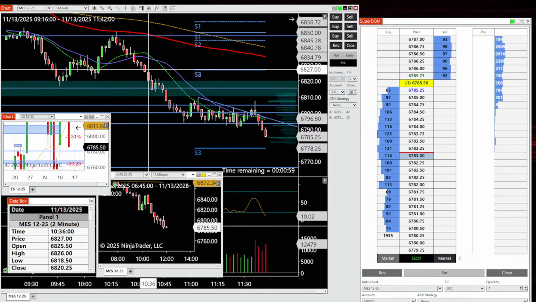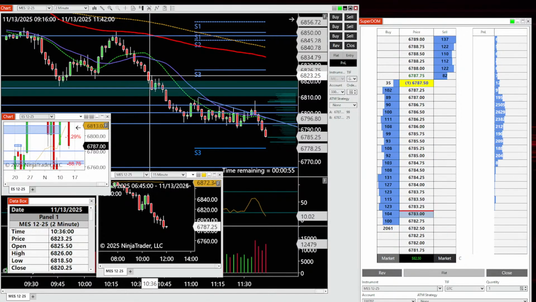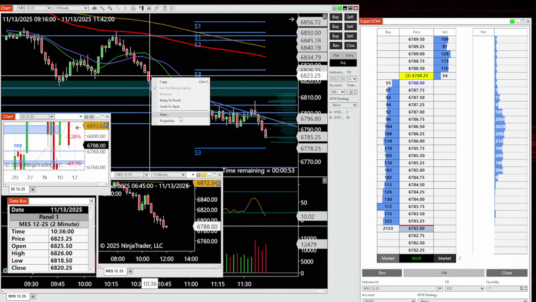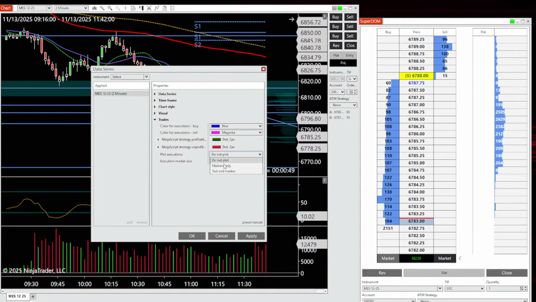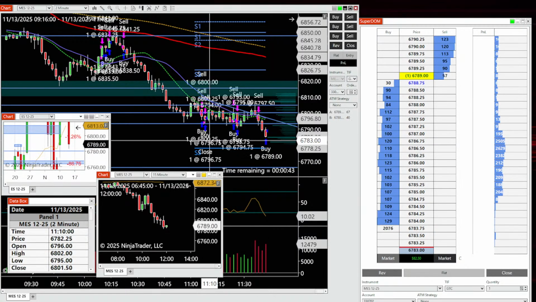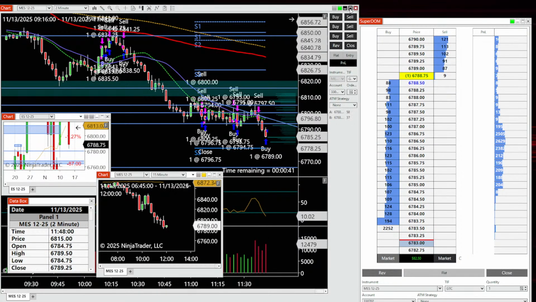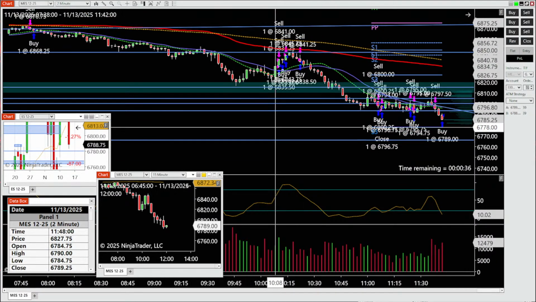Let's see. So my trades that I did. See if we can look at my trades.